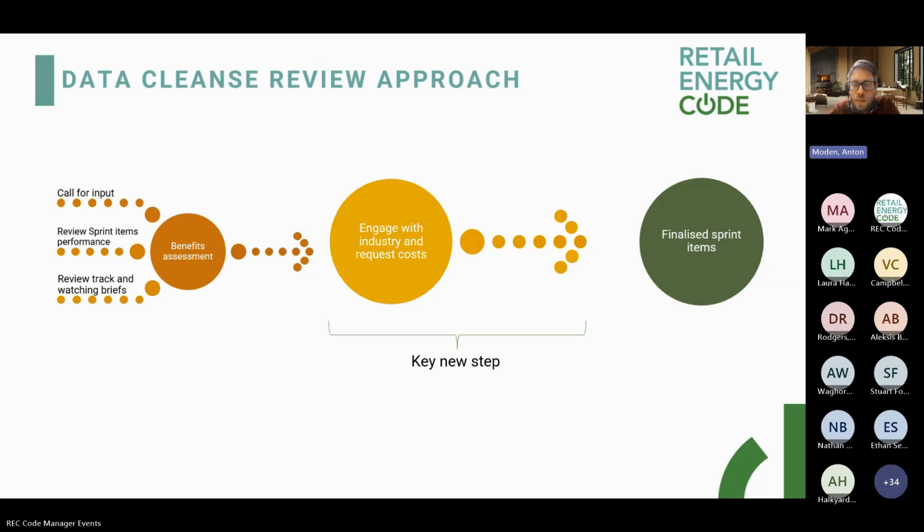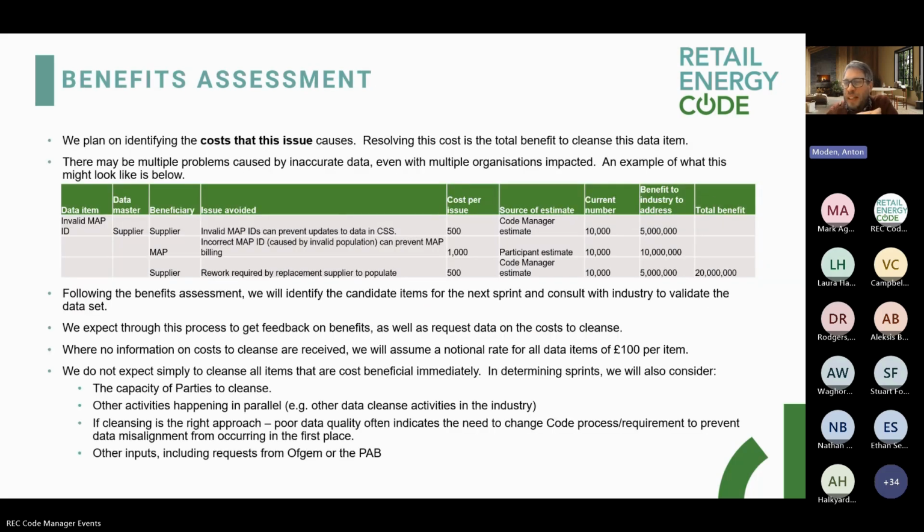So if we just move forward a bit, the new bit is something that's worth talking about a bit more. We plan on identifying the costs that this data item being wrong causes, so that addressing that cost is how we will prioritize benefit. So for example, if an address being incorrect results in erroneous switches, cleansing that address avoids that harm.